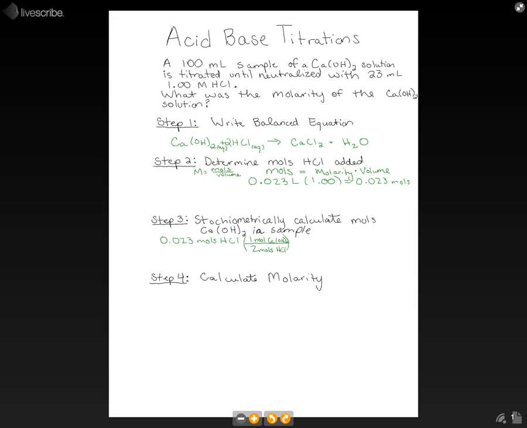So when we do this math, we end up with 0.0115 mole calcium hydroxide.